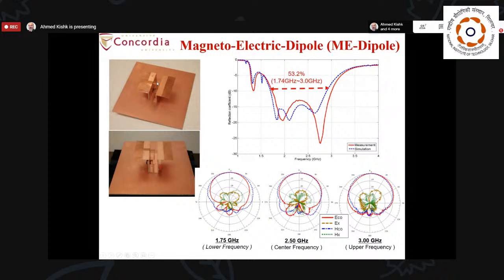This is exciting both the dipole and the slot. By doing this, we can have a really very wide band from this antenna. Here it's 53%, with very nice radiation characteristics and low cross polarization. This is linearly polarized, not dual polarization.